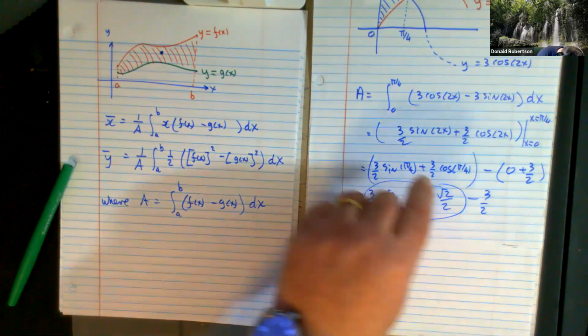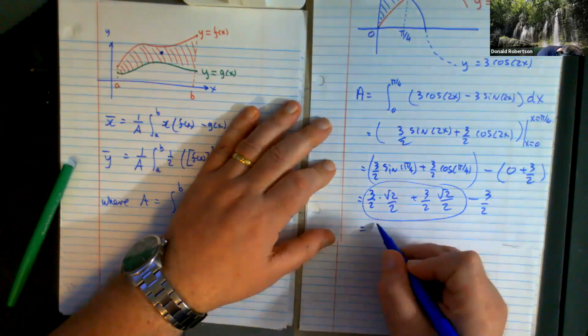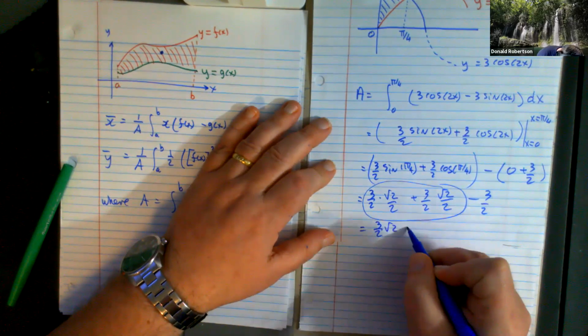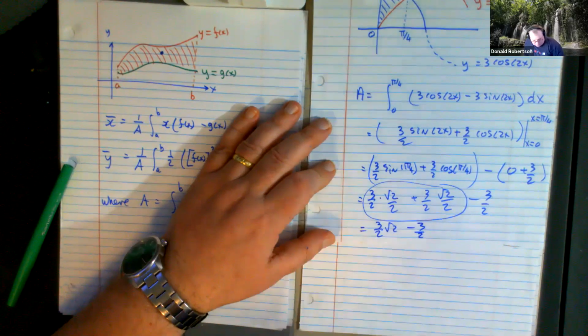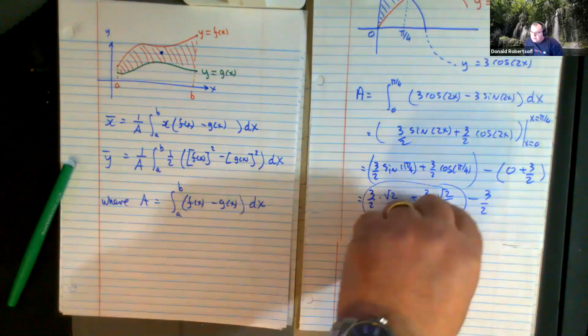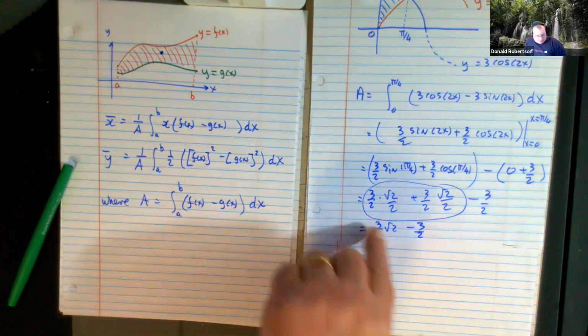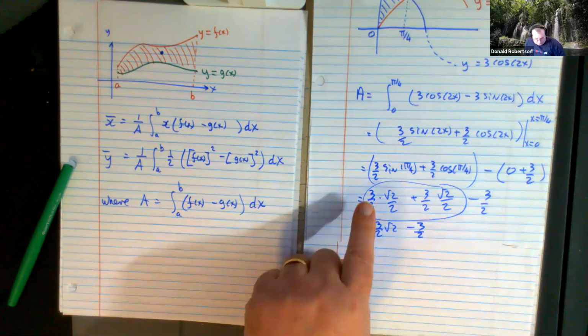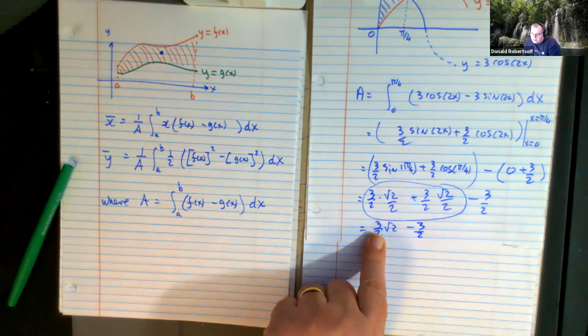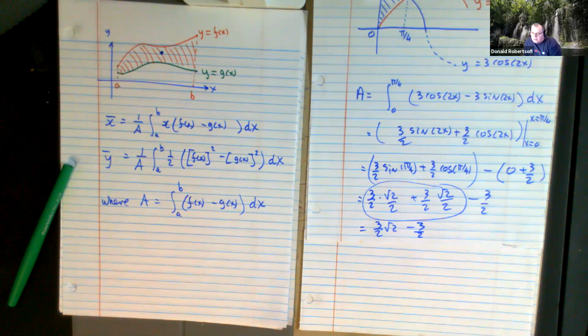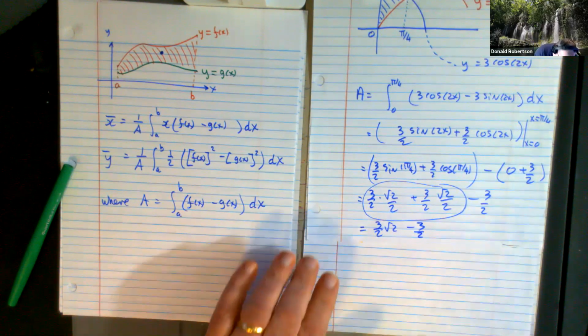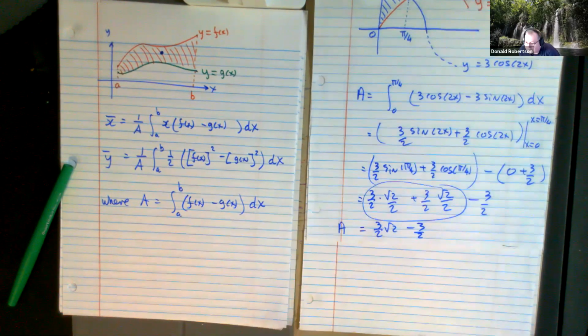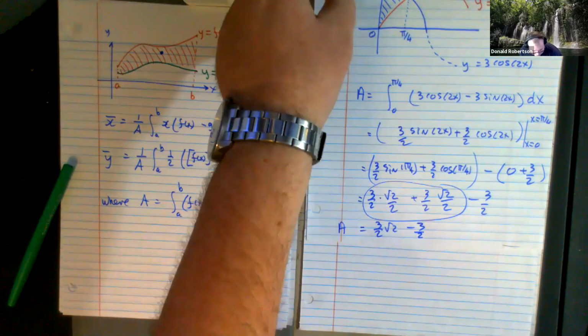I'd get 6/4, which is 3 halves root 2. Are you happy about these two adding up to get that? You comfortable how these two get me that? So we now have A. So far, so good.